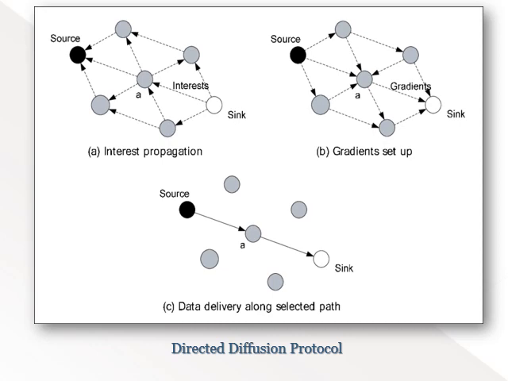In figure B, gradients are set up, that is, all the neighboring nodes that relate to the interest message send back an acknowledgement to the sink node for data acquisition. In figure C, data delivery along the selected path is done, that is, the minimum length path is reinforced and data is transferred from the source node to the sink node.